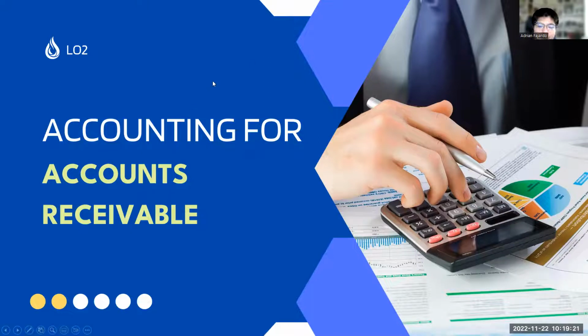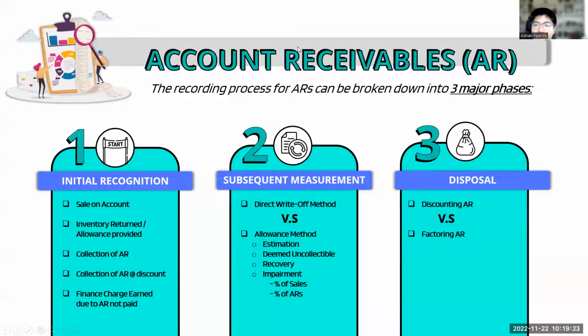So for accounts receivable, basically, you can break down the recording process into three major phases, similarly to inventory, right? First, we have our initial recognition, and these are the concepts that you should really master.